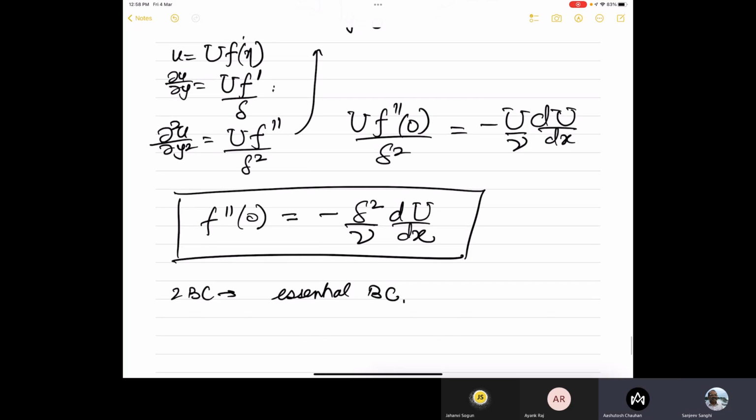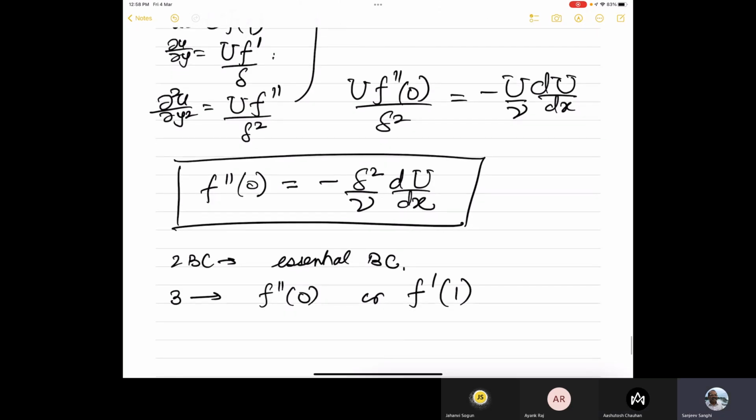If we need three, then which one do we use? Do we use f double prime 0 or do we use f prime of 1? It should be one of these, isn't it?